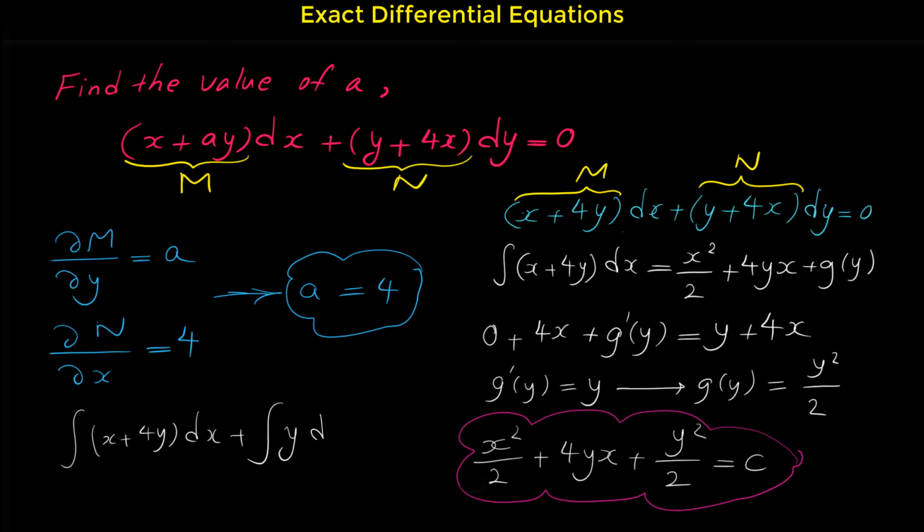So we have to integrate y with respect to y, and we have to set it equal to a constant like c. Integral of x with respect to x, integral of x dx, is x squared over 2.